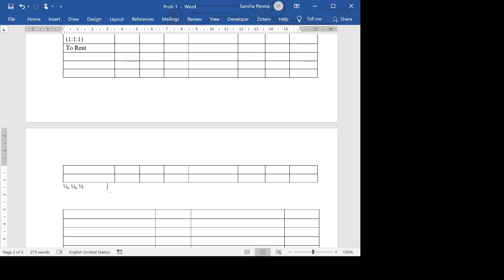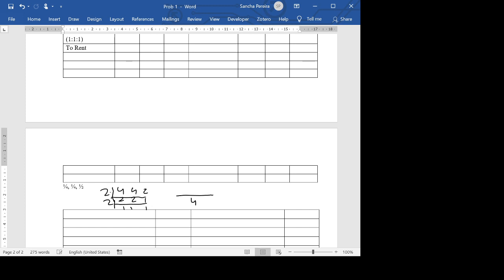For example, I do this: 4, 4, 2. You must have learned this in maths. So what goes into all these? 2 twos are 4, 2 twos are 4, 2 ones are 2. Basically the LCM, the denominator, is 4.